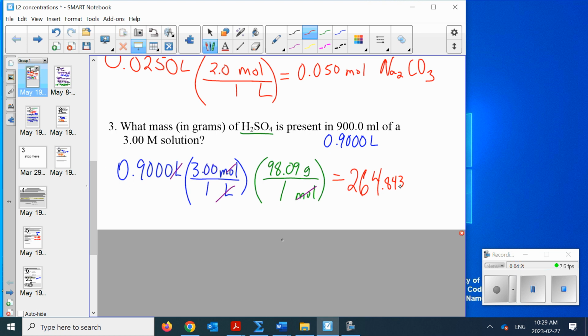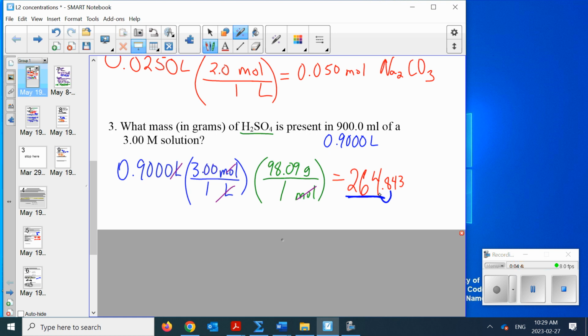That's not what I'm going to write down as my answer because of significant digits. I'm not marking you on these yet. We have 1, 2, 3, 4 significant digits. We have 3 significant digits. We have 4 significant digits. My answer can't exceed the smallest amount, 3 significant digits. I'm rounding to 3.